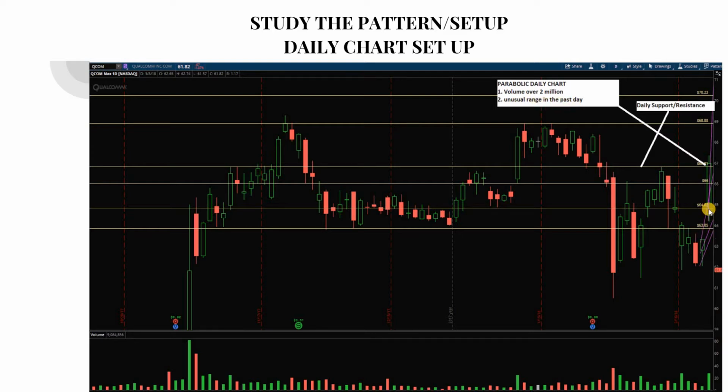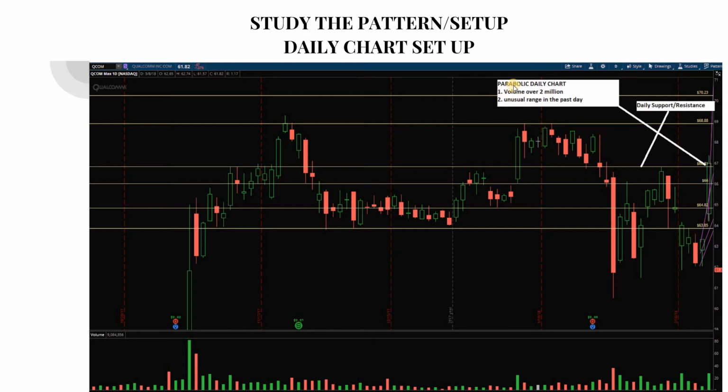So this particular setup popped up in my scanner because it had a big run the day before. It went from 64.30s to almost 67.50s.